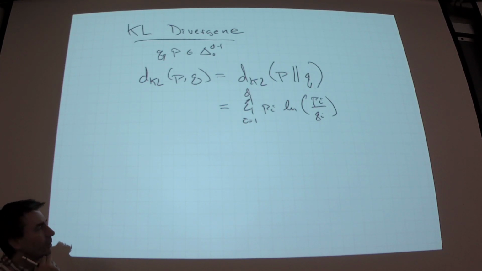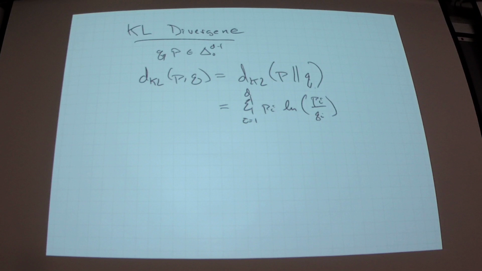All right, so one of the next things to see is that when I have this natural log in there and I'm dealing with probabilities, it looks like something from information theory, or has to do with entropy.